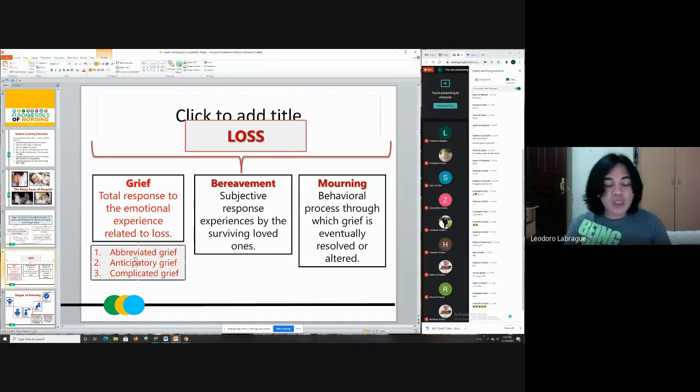For 1 day, a person might experience a brief emotional experience or sadness. Just a brief one. Okay? We call it abbreviated grief. But after a day or after a few hours, when the one that is lost is returned to that person, the person becomes okay and happy again. Abbreviated, short, but grief.